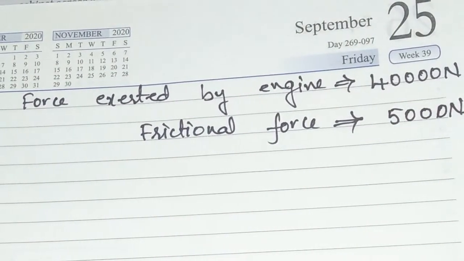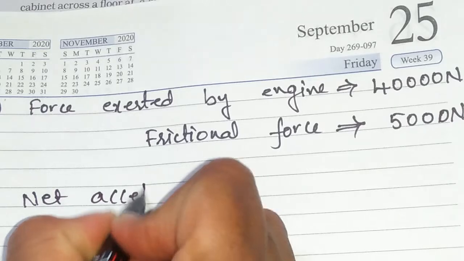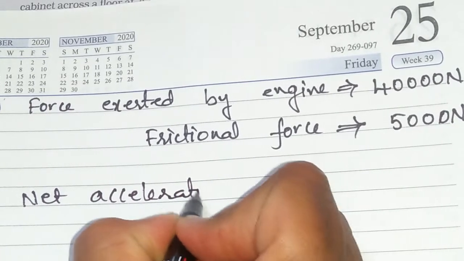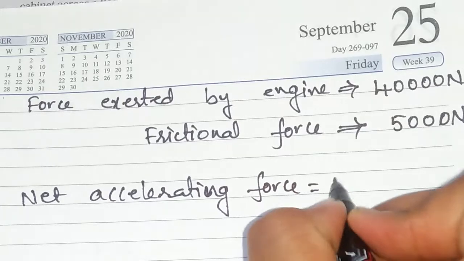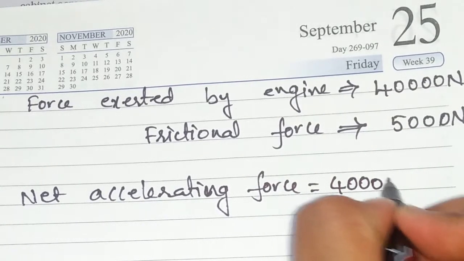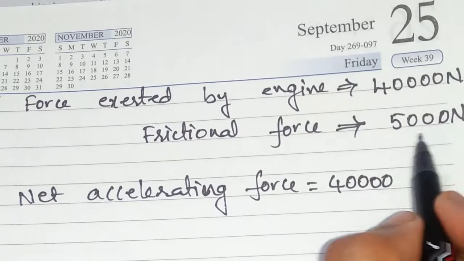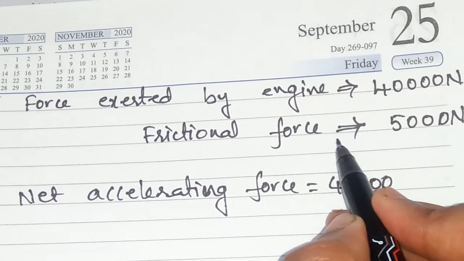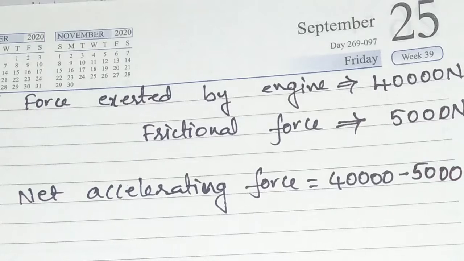Now we are going to calculate net accelerating force. Net accelerating force is equal to 40,000 plus minus 5,000 because it is in opposite direction. So let me write directly 40,000 minus 5,000.